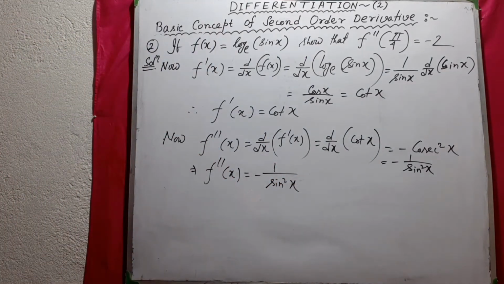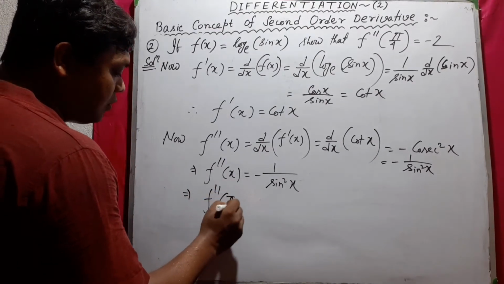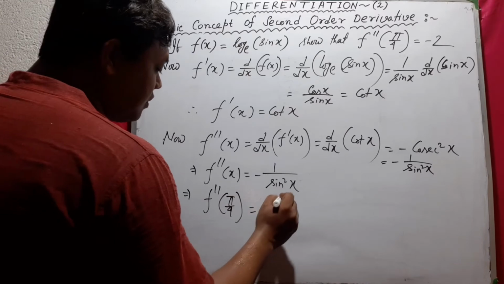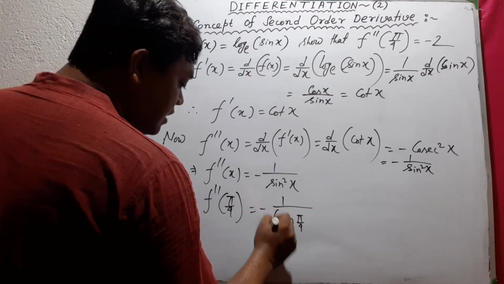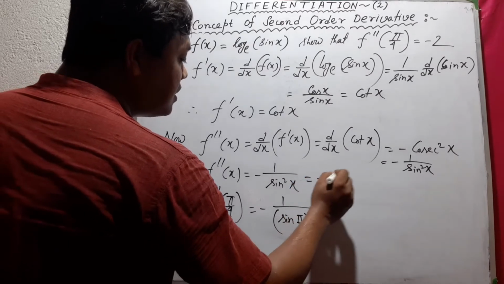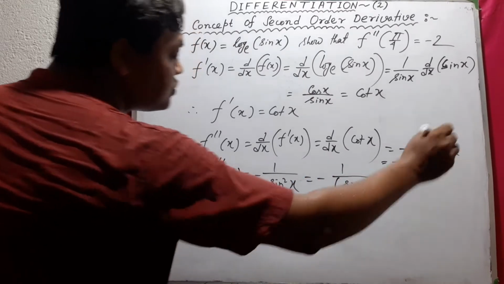Now put the value of f double dash pi by 4. So at x equals pi by 4, it is minus 1 by sine pi by 4 whole square, because sin square x means sin x whole square, which is very basic trigonometry.